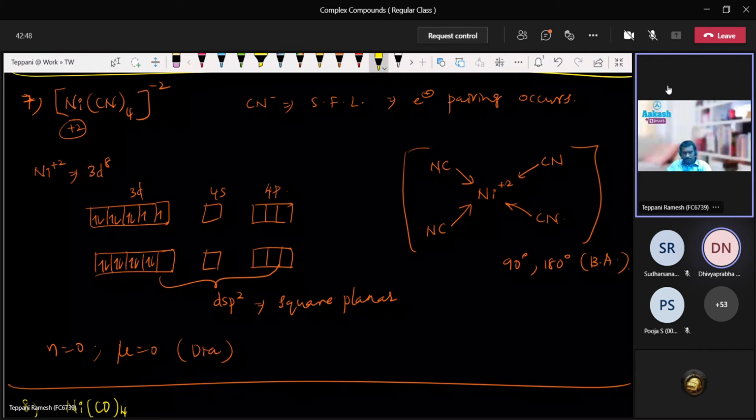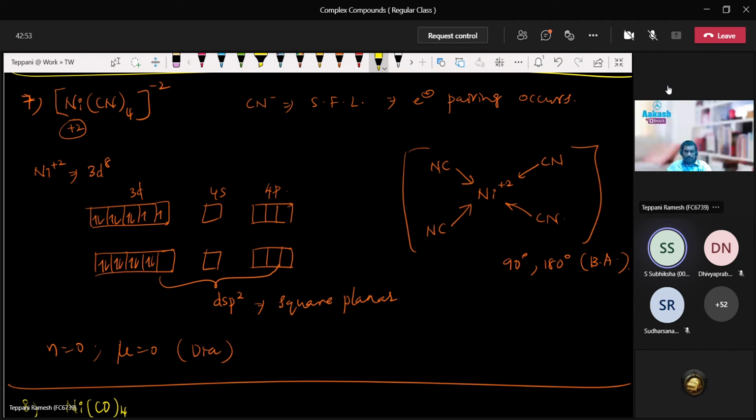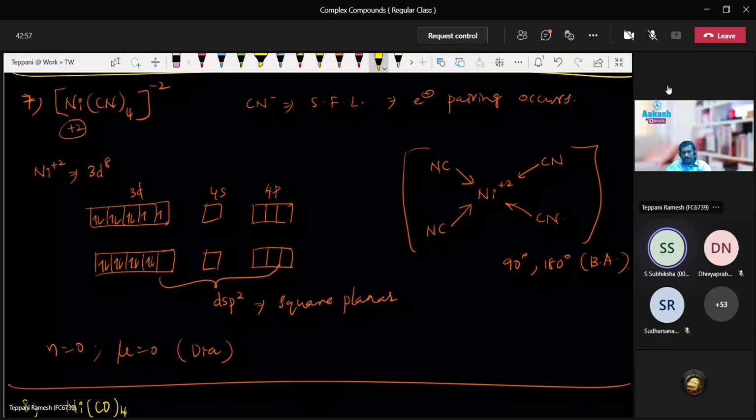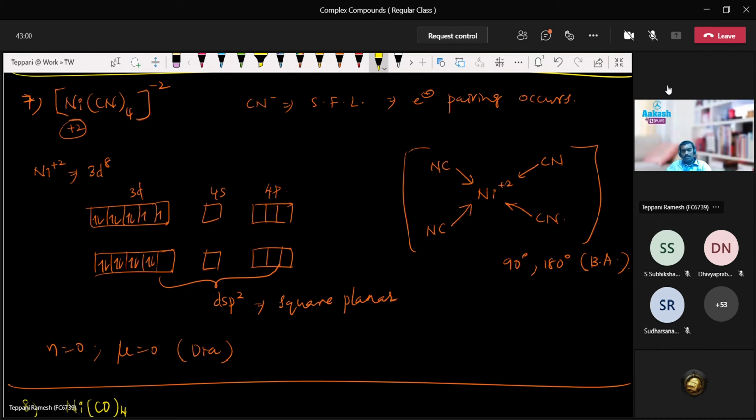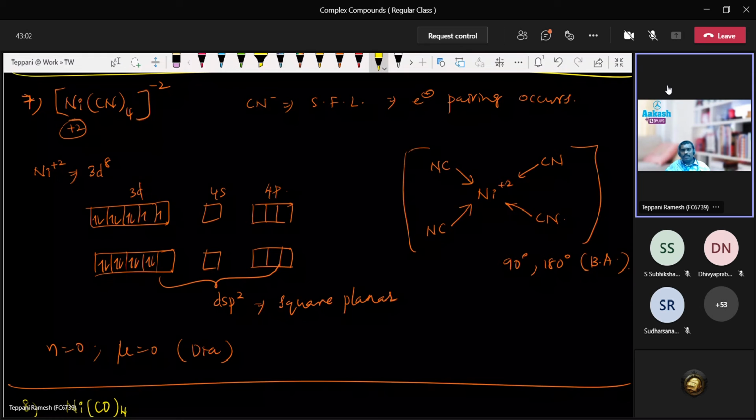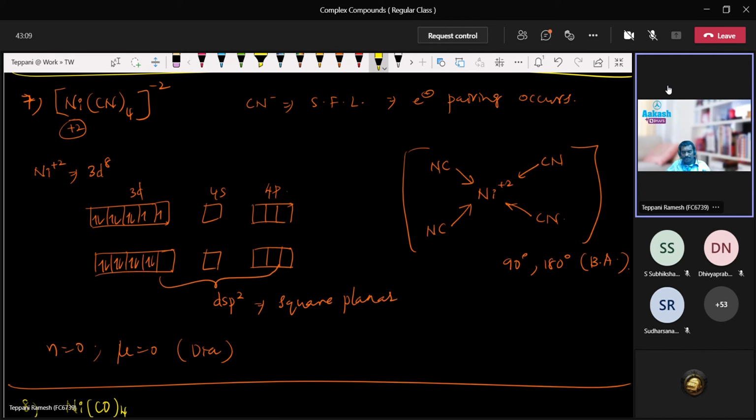Strong field ligand, correct? Pairing occurs, correct? Inner orbital complex. Inner or outer is not required. Why? In sp3, d orbitals are not used. You need not say anything. Structure: tetrahedral, very good.